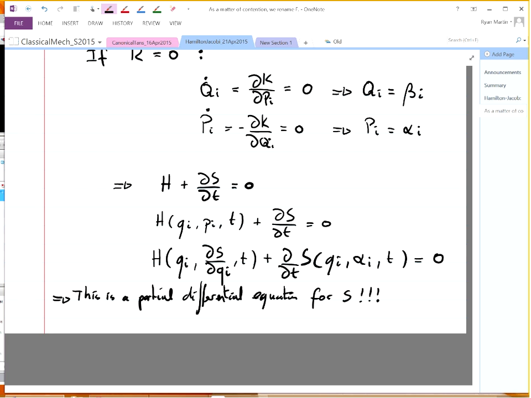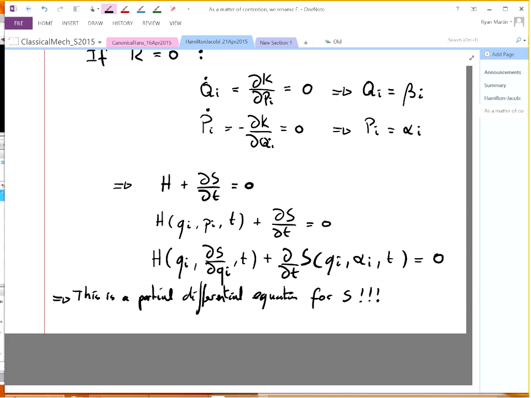This equation has partial derivatives of S with respect to multiple variables, so it's a partial differential equation. Partial differential equations are not easy to solve. Ordinary differential equations are easy to integrate, even numerically. Maybe there's no analytical solution, but they're very easy to integrate. That's not necessarily true for partial differential equations. So we've mathematically made our life harder.